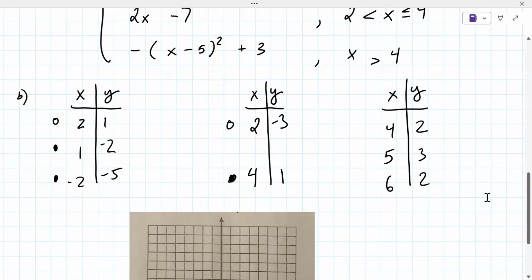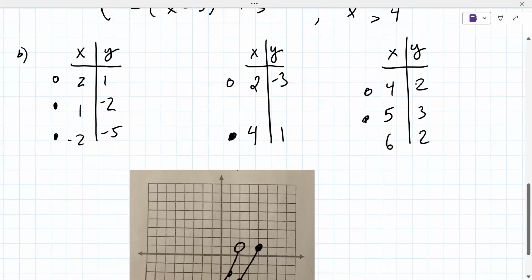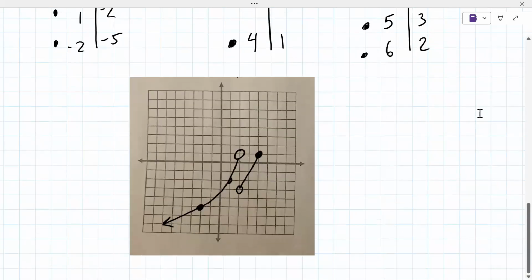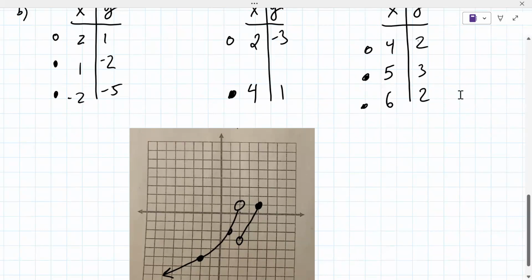Okay. Is it an open or closed circle at (4, 2)? Open. All right, I agree. The other ones are closed. All right, so when we graph this, it's (4, 2), (5, 3), (6, 2).